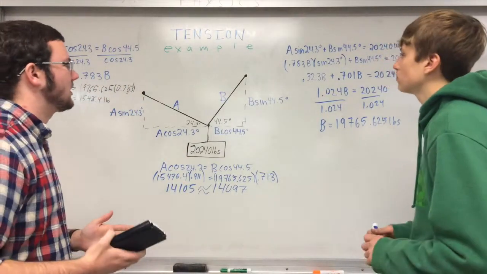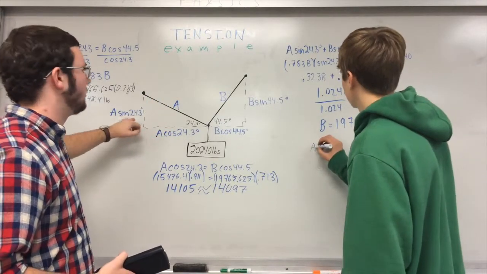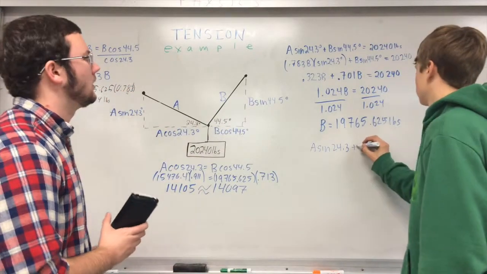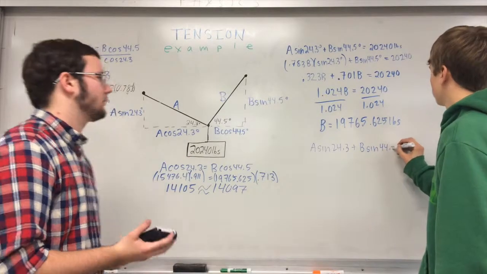So to prove the second half, we have to show that A sine of 24.3 plus B sine of 44.5 are going to equal our original 20,240.